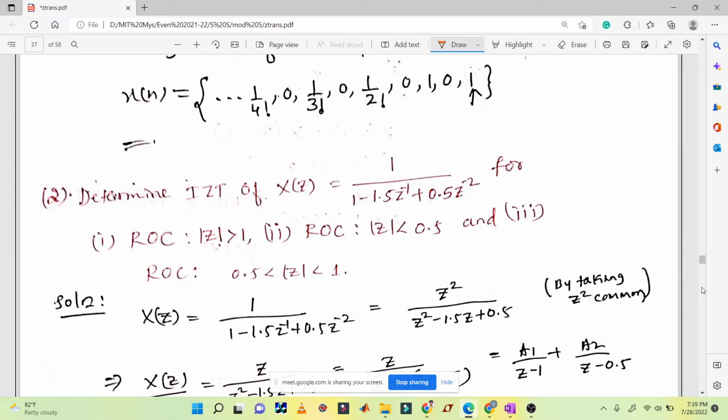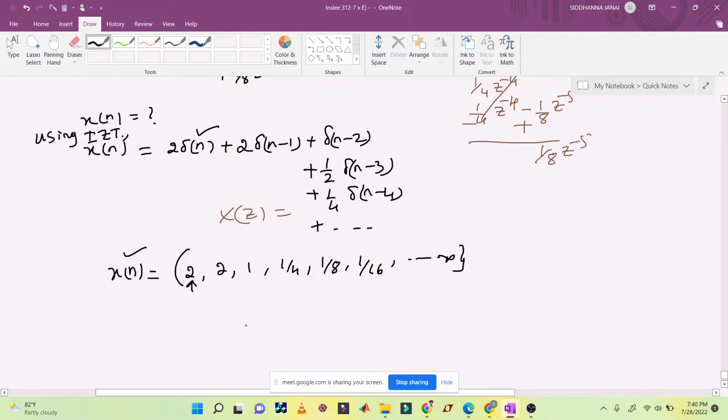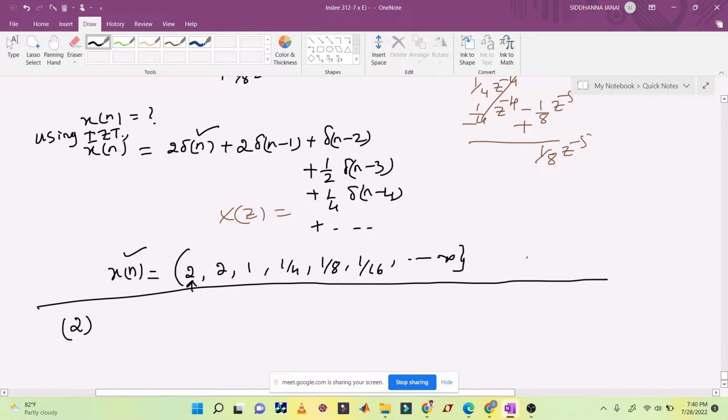Okay, so the question is, determine inverse z transform of x of z for first ROC z greater than 1, ROC z less than 0.5 and ROC 0.5 to 1. Second problem. X of z is given.